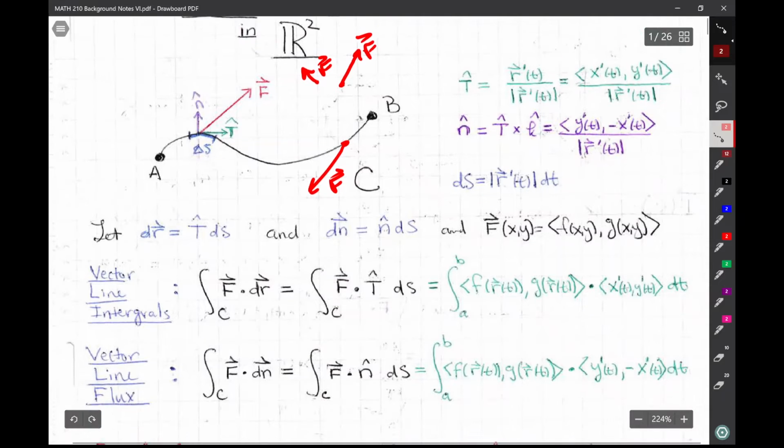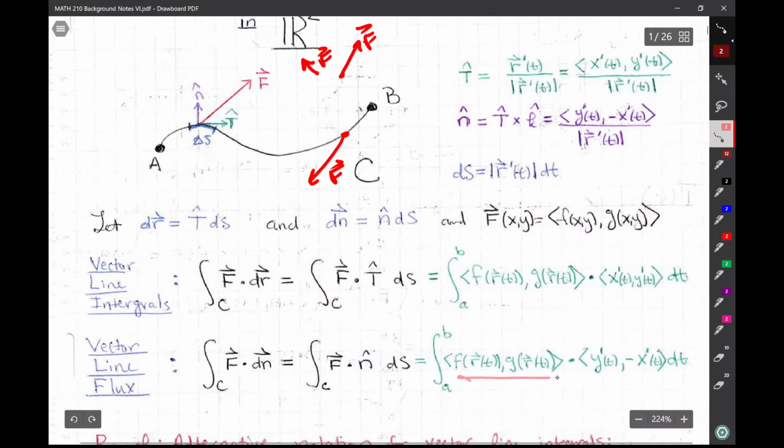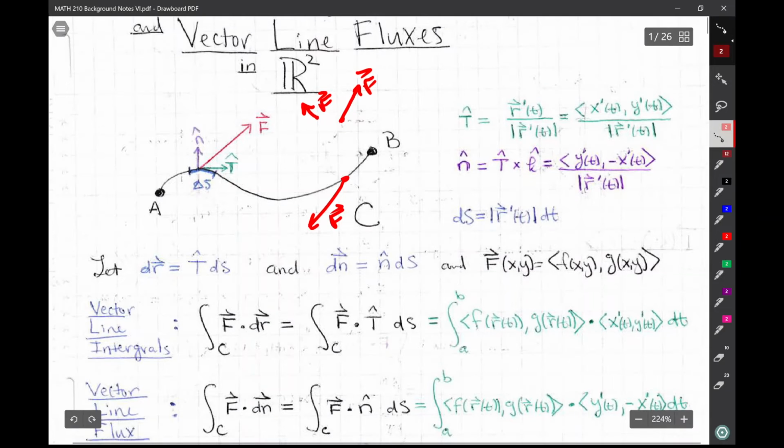You can plug in the vector field, which is this, and take that expression and plug it in here, and you end up with that formula there. Once you also plug ds into here, you end up with this formula. And a quick remark: some of you may have noticed that I was talking about the plane R2, but somehow I brought the z-axis into it.